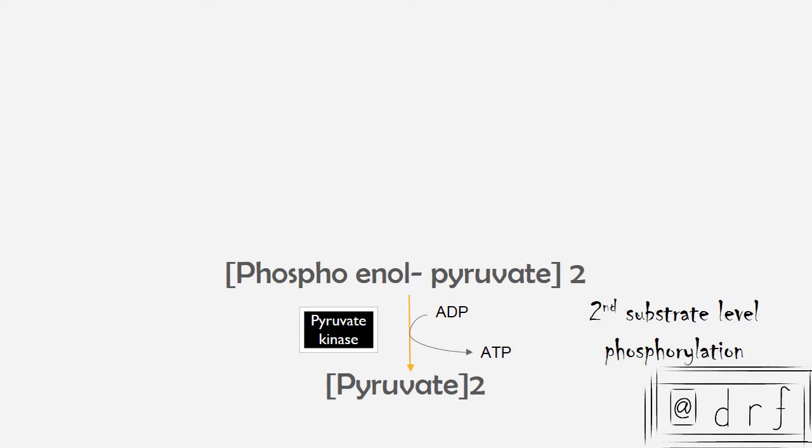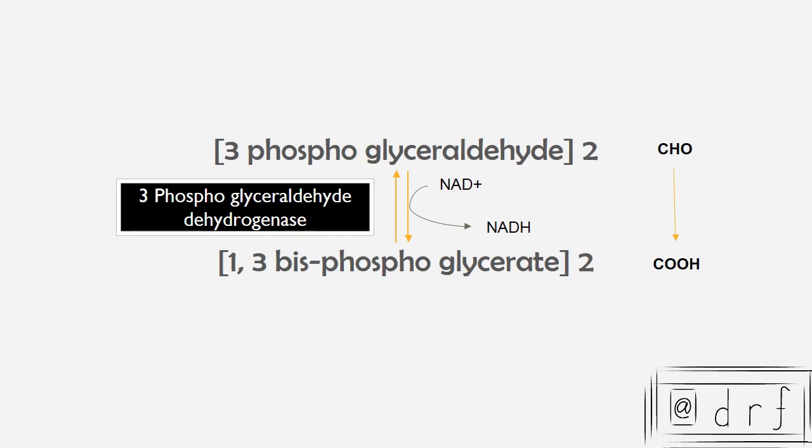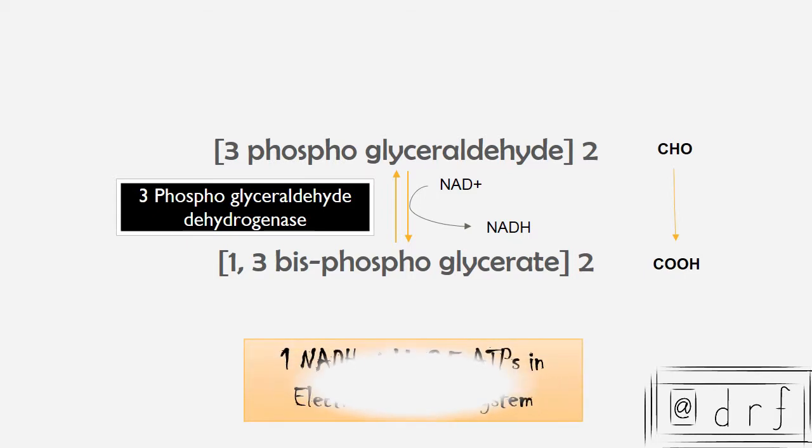But there is another reaction. 3-phosphoglyceraldehyde was converted into 1,3-bisphosphoglycerate. Here the main thing is NAD plus was converted into NADH. So this NADH will go to the electron transport system and would generate 2.5 ATP each.